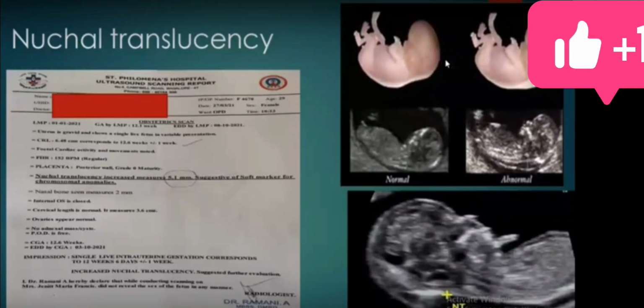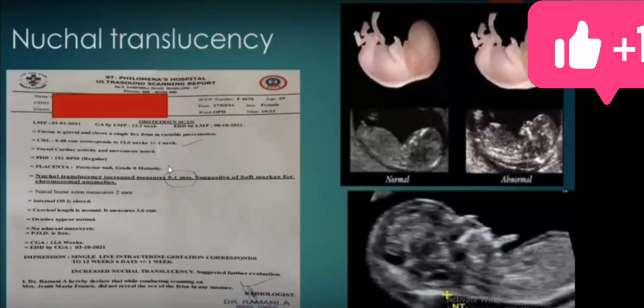In this case, the nuchal translucency is more than 3.5 millimeter. Then definitely there is a chance of chromosomal anomalies, or trisomy 21 can be suspected. Nuchal translucency is one of the most observed findings; in all cases you have to observe it.